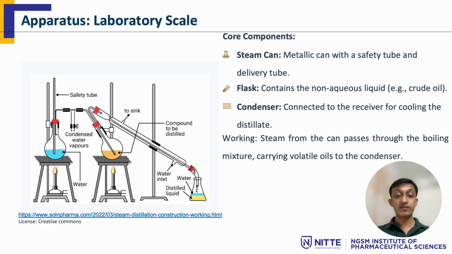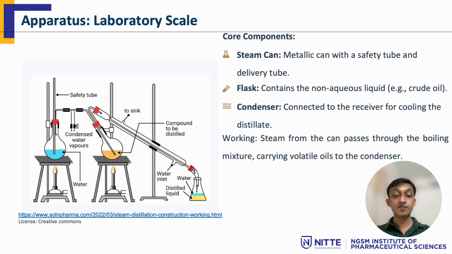Next, we have the distillation flask, which contains the material to be processed. This includes a crushed plant material such as clove or eucalyptus leaves, or a crude liquid mixture containing volatile components. The key point here is that the material inside the flask is not directly heated to its boiling point.